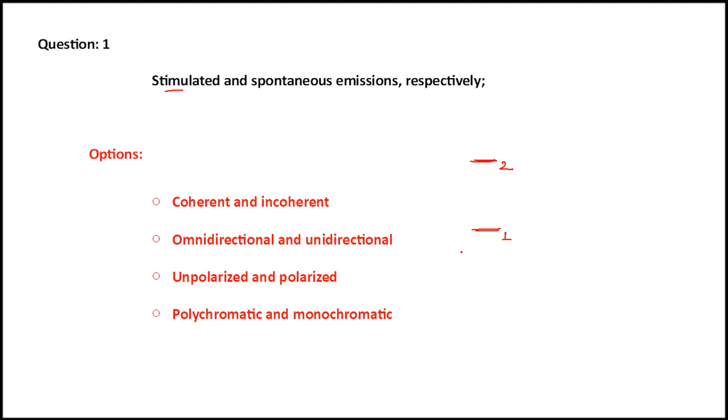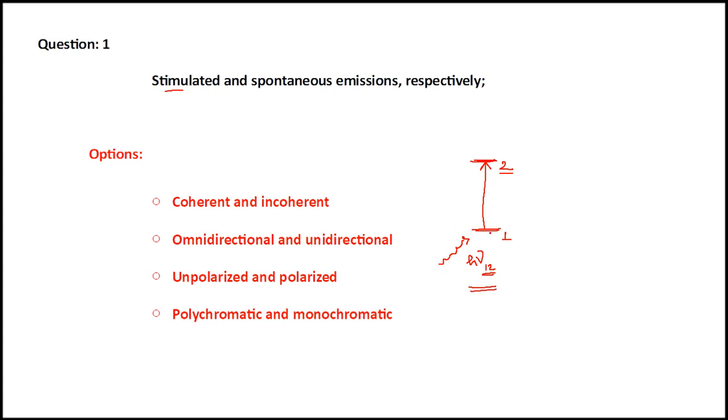But in the stimulated emission, suppose I consider the system where this is the ground state, this is the excited state. So there is a photon of certain energy which is equal to h nu 12. This system absorbs that nu 12 amount of energy, which is equal to the energy gap between these two energy levels, and it reaches a higher excited state, 2.